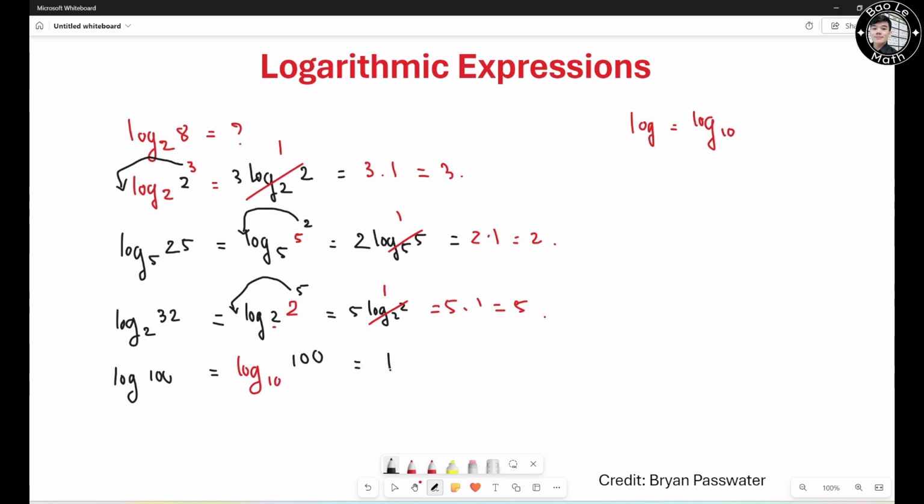Now we rewrite log base 10 right here, and we see this is 10, so we put 10 right here. We see that 100 means 10 to the power of 2. Now we bring 2 to the front, so it's 2 log base 10 of 10. Log base 10 of 10 equals 1. So we have 2 times 1, which means 2.